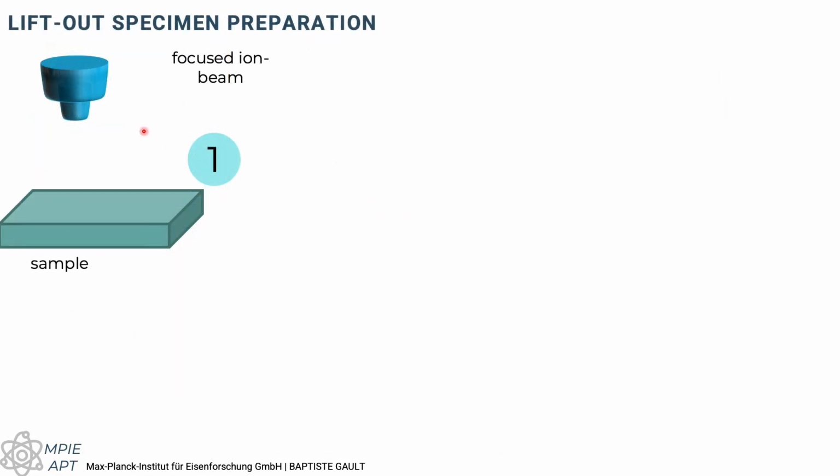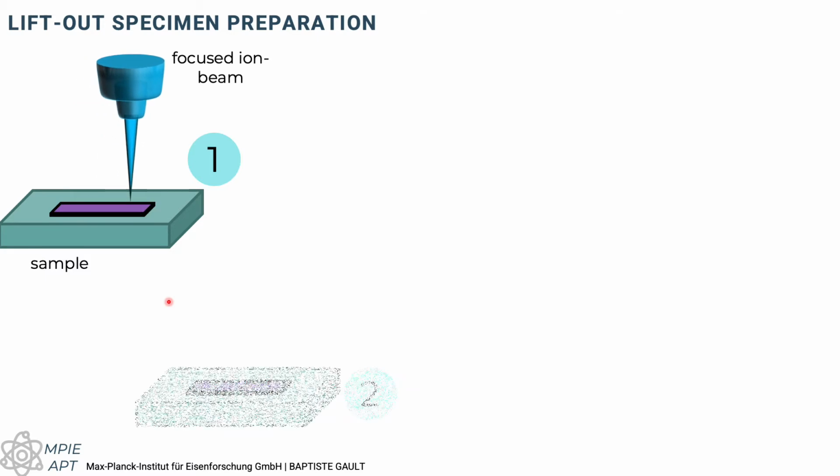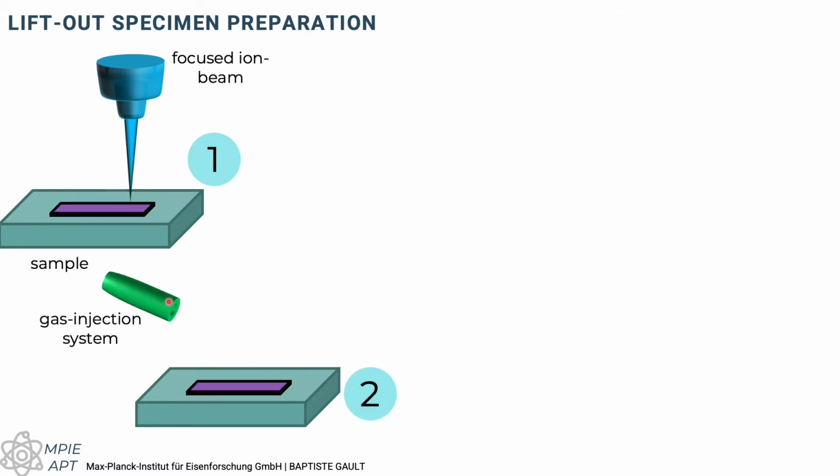Specimens for atom probe are typically now prepared with a focused ion beam, and so we can take the sample and then use the FIB to dig trenches, then use the gas injection system and the micromanipulator to lift out a piece of the material of interest.